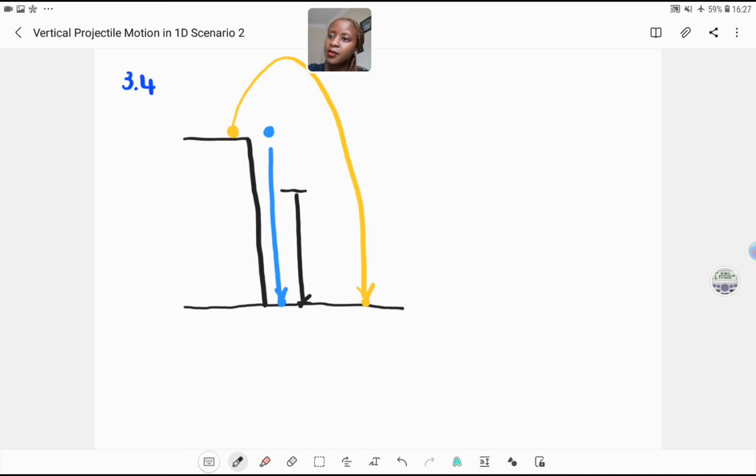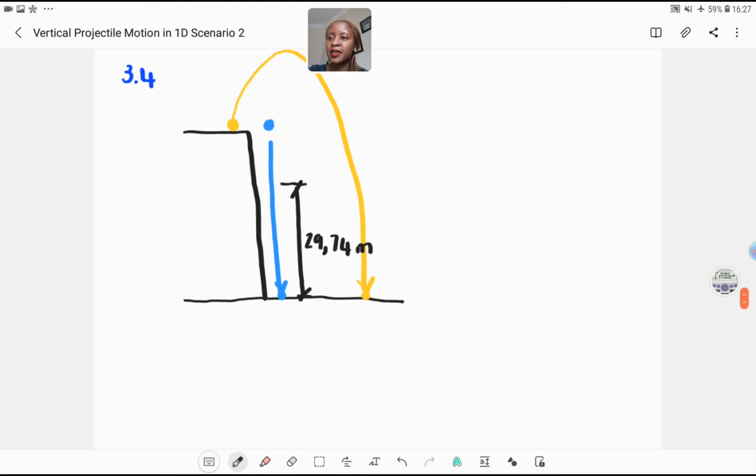So that is 29.74 meters. They are at the same level. Both of them are at that elevation at the same time. Stone A managed to catch up with stone B. And just a reminder that the building's height is 40 meters.